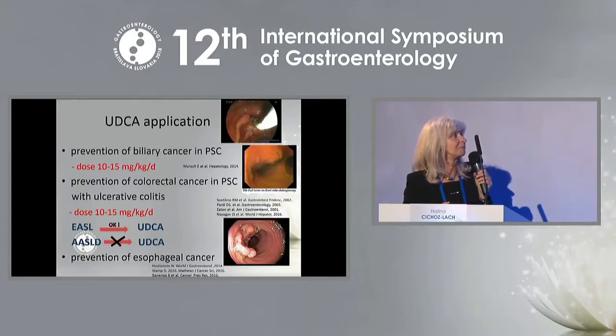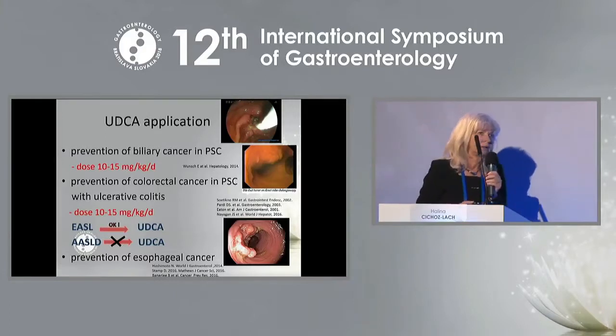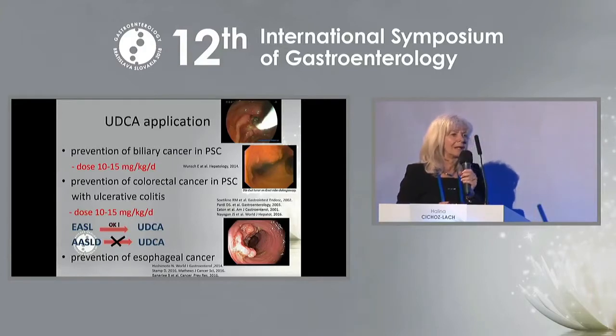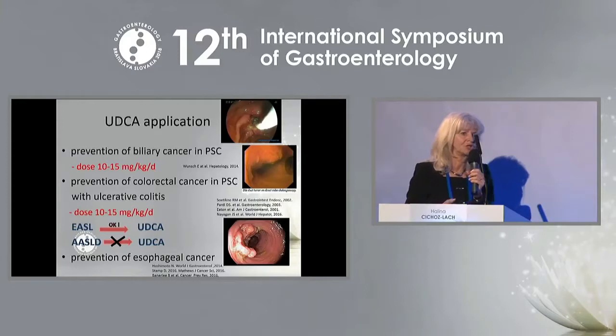UDCA may be helpful in prevention of colorectal cancer in patients with PSC and inflammatory bowel diseases. Firstly, the dose of 10 to 15 milligrams was recommended, but it may be interesting that in 2011, a multi-center placebo-controlled study was published.